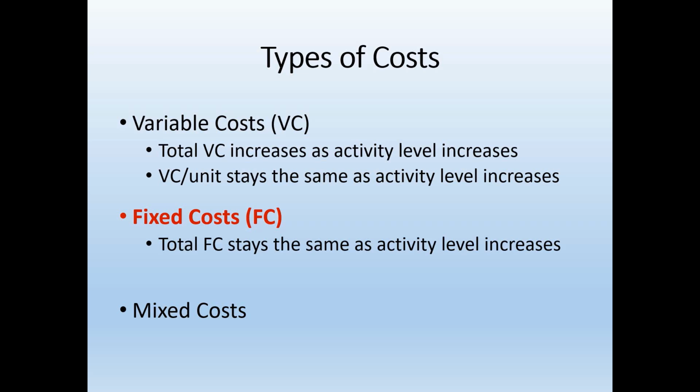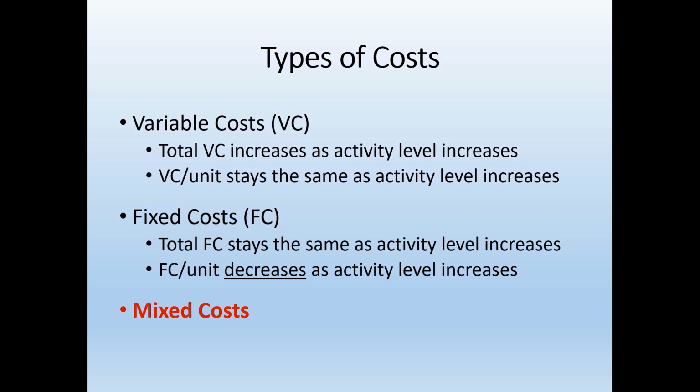So a firm's total fixed costs stay the same as the activity level increases. But that means that the fixed cost per unit actually decreases as the activity level increases because that cost can be spread out over more units.